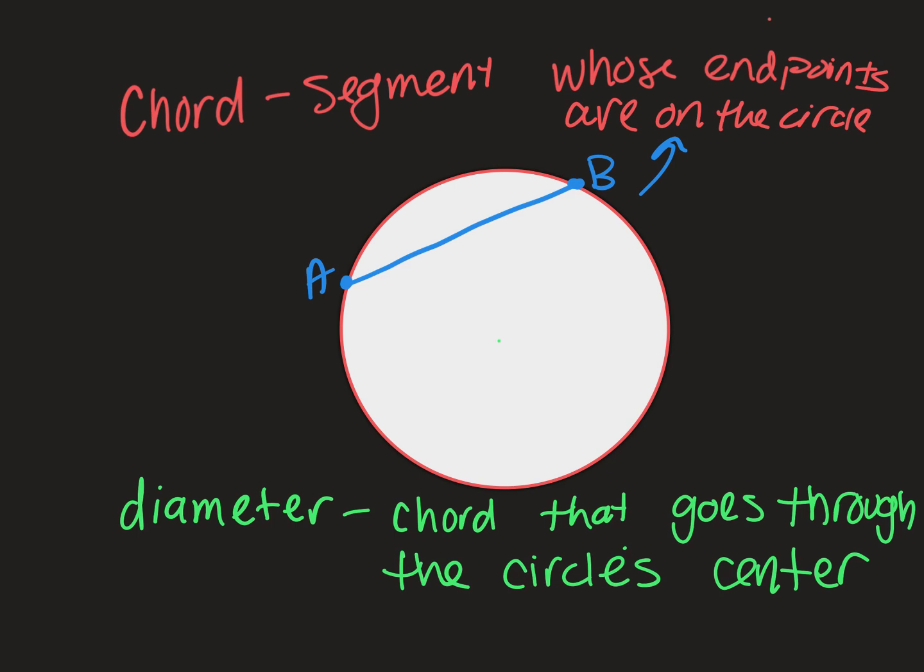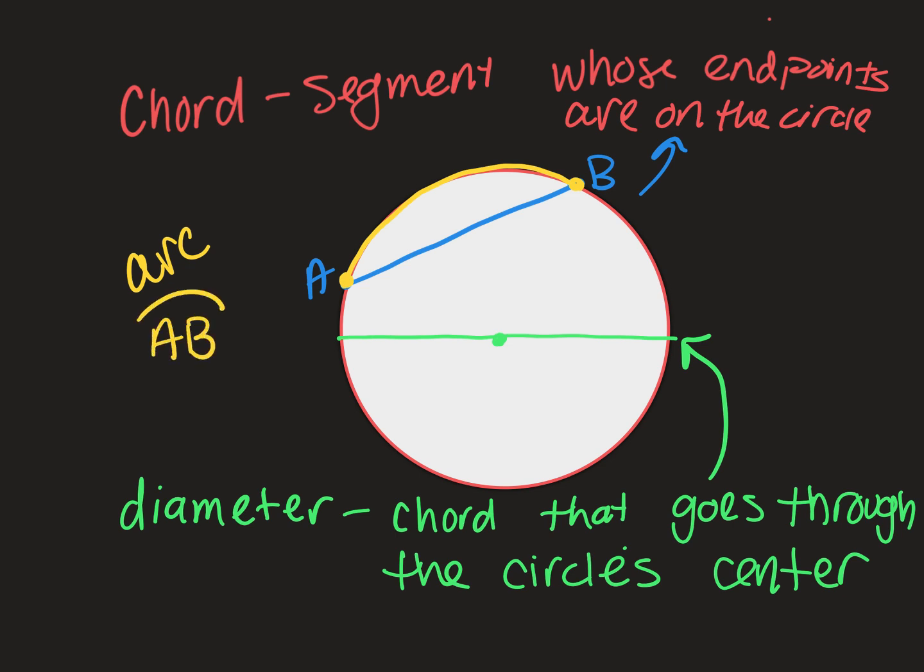Let's give our circle a center point here. So the diameter would be a chord that goes straight through the middle and includes that center point. And then the last one is an arc, and that's just the curved portion of a circle. Arc AB, you write it with a little arc over it. It means you go from A to B along that curved outer part of the circle.